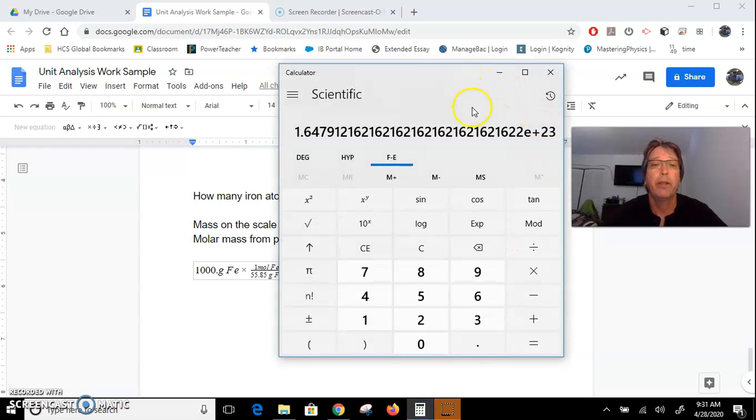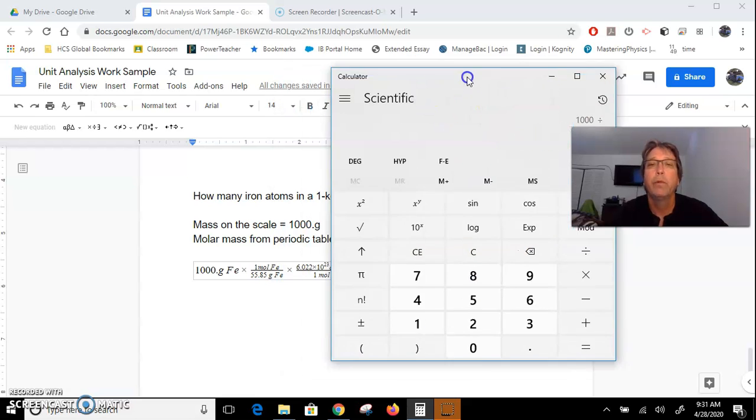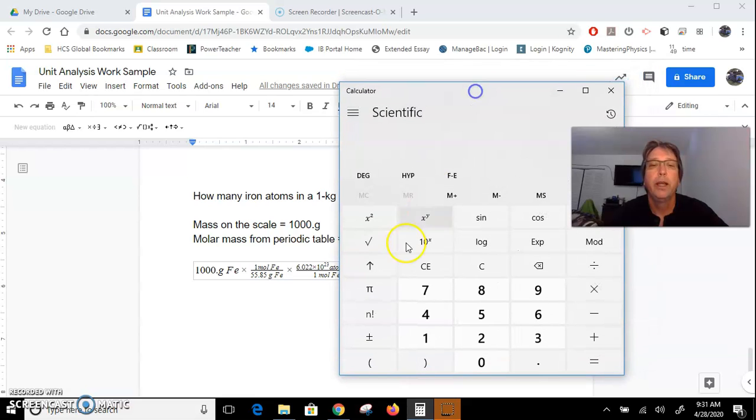So let me put my calculator back up here and clear everything out and go, okay, I've got 1,000. Now, 55.85 is on the bottom, so that means divided by 55.85. And then move this over just a little bit. We can see that Avogadro's number is on the top.